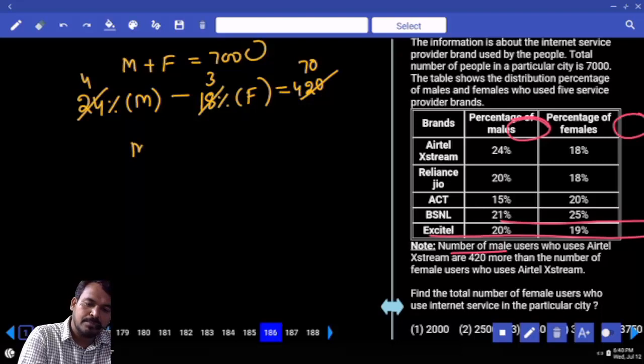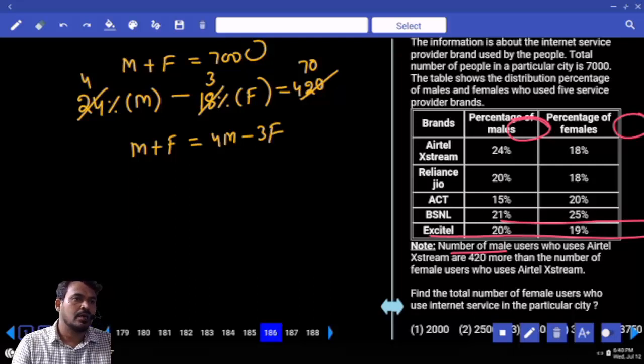One equation is M plus F, another is 4M minus 3F, equal to 7,000. For the second equation, 4M percentage and 3F percentage, percentage means denominator 100, so it becomes right-hand side into 100, means 70 into 100, 7,000. 4M minus 3F equals 7,000.